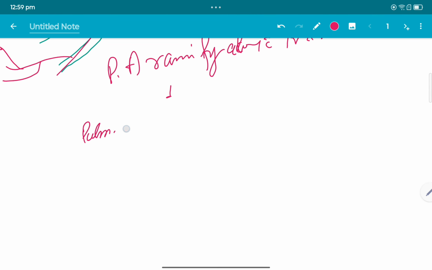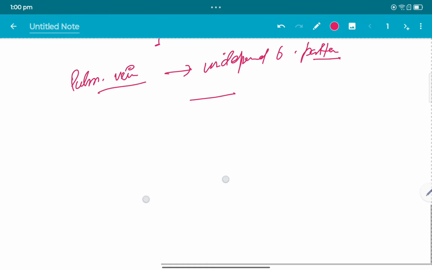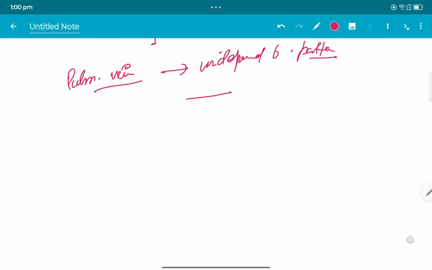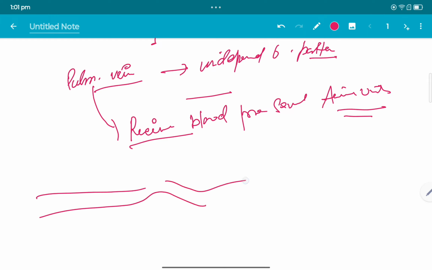Whereas the pulmonary veins have an independent branching pattern. A single pulmonary vein receives blood from several acinar units. So the pulmonary artery divides into multiple branches.